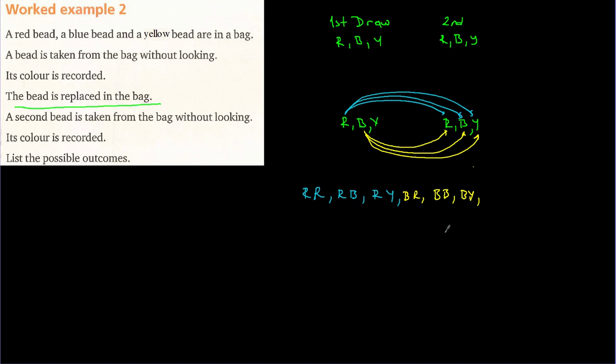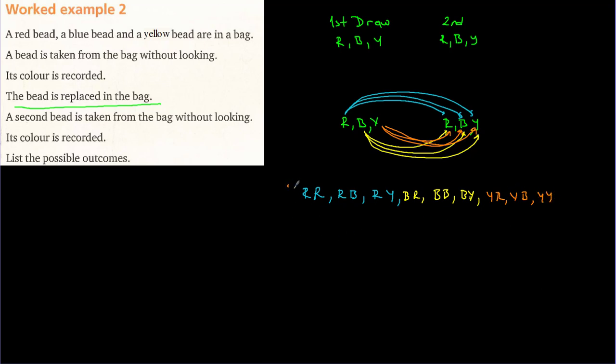Okay, for the last one, yellow and the others, they are going to be one by one. I'm going to do yellow and red, yellow and blue, yellow and yellow.